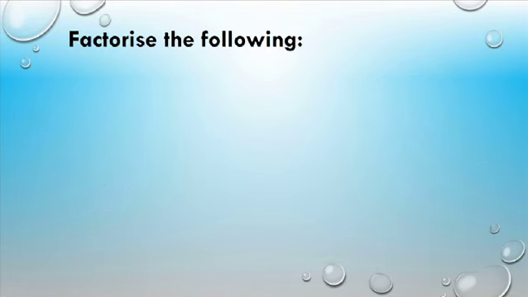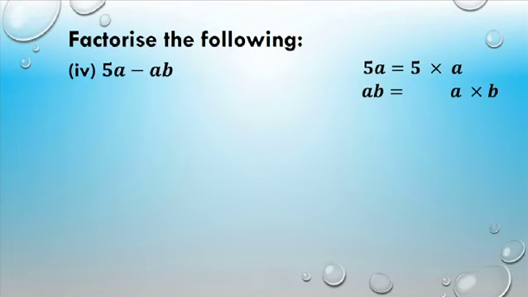We now move on to a fourth example where we have minus. So 5a minus ab. We use the same method. 5a is 5 times a. ab can be written as a times b. So you can see that a is common. So because a is common, I write a here into.